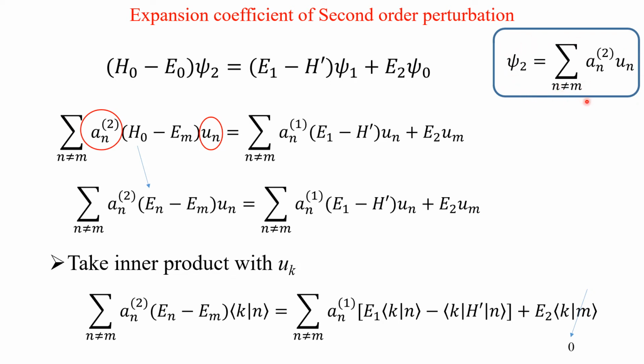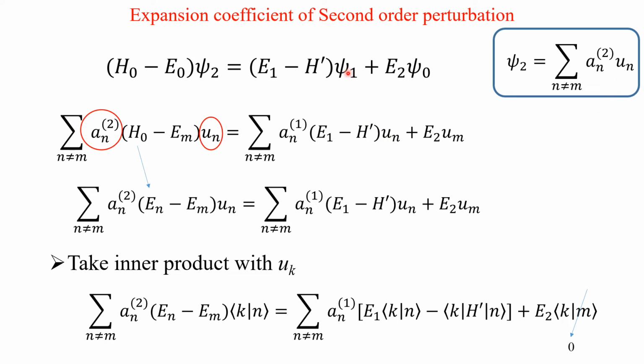So this is our expansion. You substitute this in the left hand side: psi 2 is replaced by the summation over an of 2 into un, as shown here.